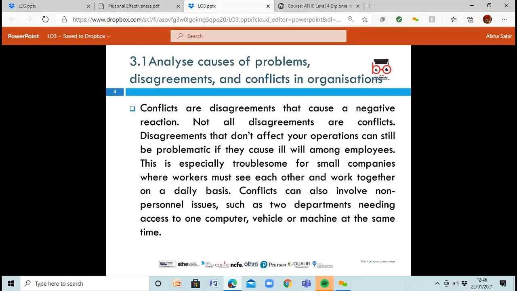So that's not having a fight or being in conflict. Conflict is when it's causing problems with your employees, when they're not getting along with each other, they're not working together, and it's stopping the work from happening in general. So it's issues that stop you from working.